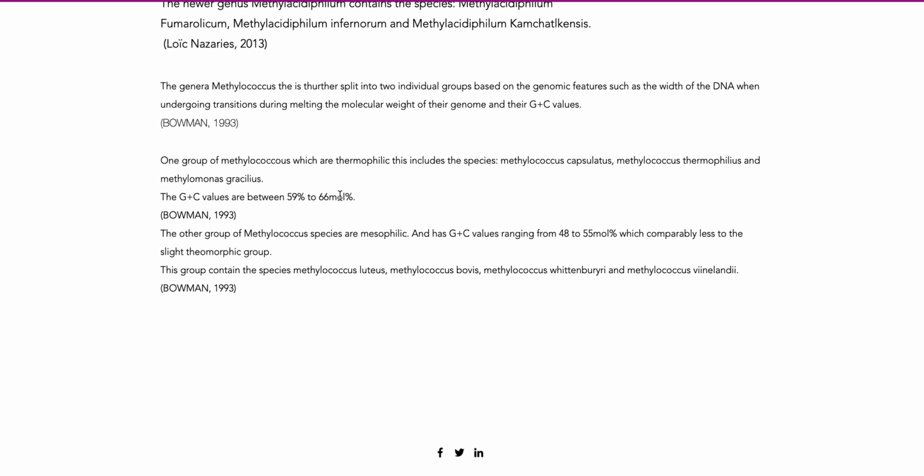One of the ways you can tell the difference is by their G plus C value, which is going to be much higher at 59 to 66% per mole for the thermophilic Methylococcales species, and then for the other species which are going to be more mesophilic, it's a G plus C value of 48 to 55.